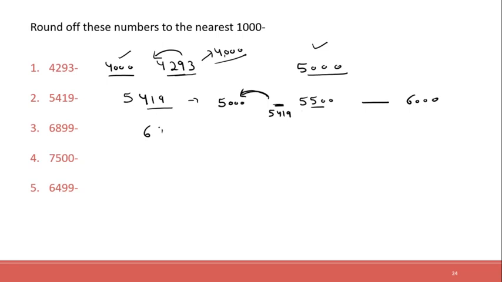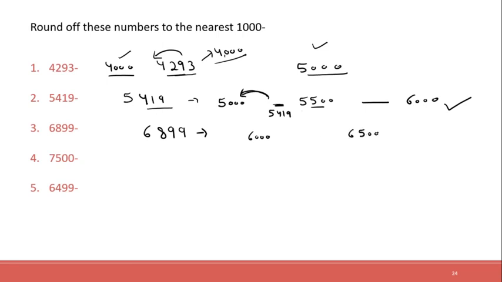Similarly, 6899. In this case, if I write it like this, I am writing it just to make you understand. You guys do not need to write this again and again. Okay.